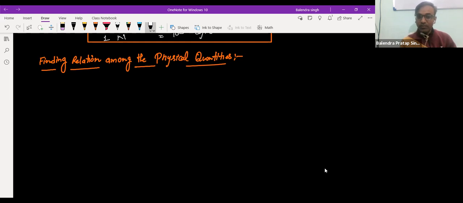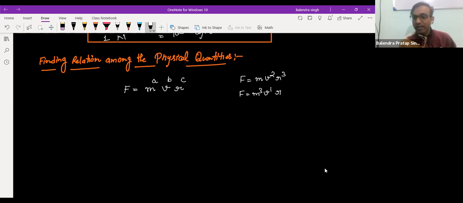So the first example is, as I discussed, force depends on m, force depends on velocity, and force depends on r, but we don't know how, means here a, b, c are unknown. We don't know the values of a, b, c. The relation may be F is equal to m v square r cube, or F is equal to m cube v raised to the power 1 r raised to the power 2.